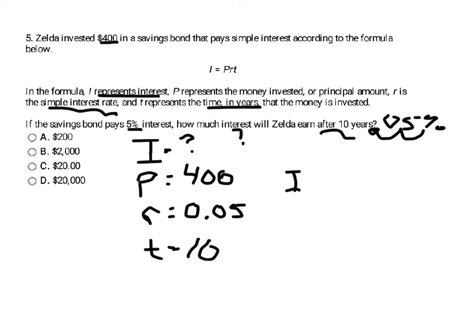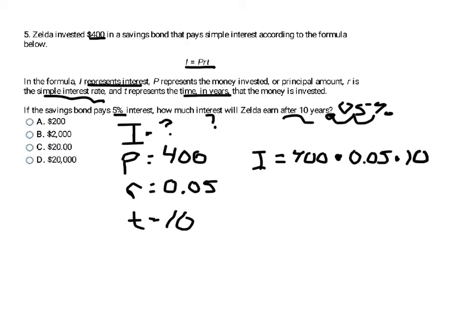I don't know I, so I'm going to have I equals the principal amount, which is 400, times the rate, which is 0.05, times t, which is 10. So I just use this formula up here. And then you can multiply in any order when you have all multiplication.